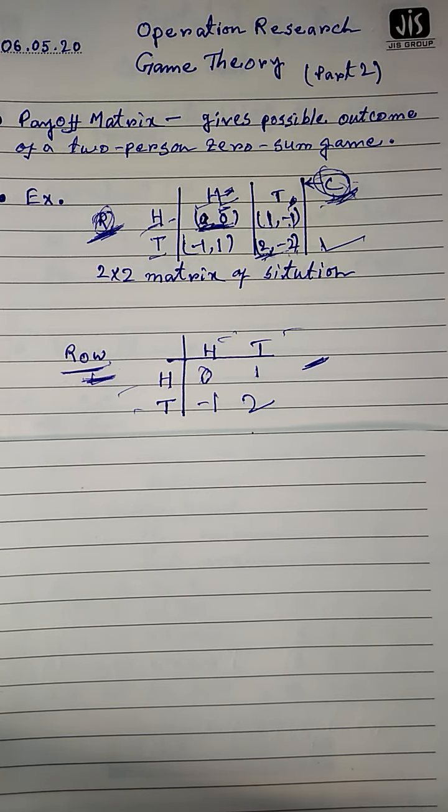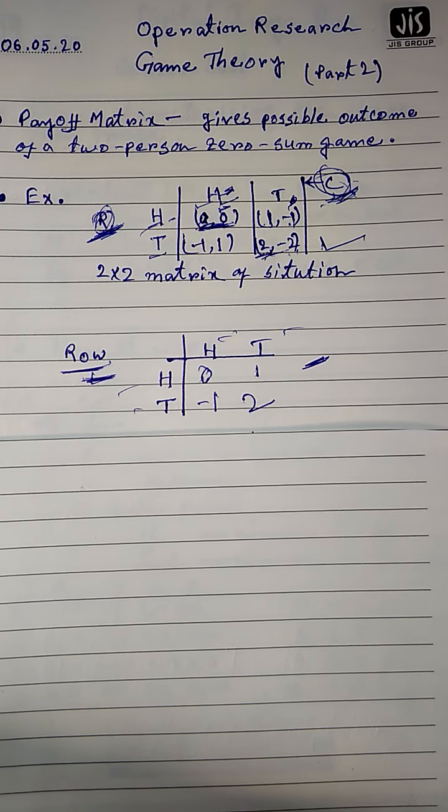A player's plan of action against the opponent is called a strategy. In the above example, each player has two possible strategies, head and tail. We will try to determine each player's best strategy assuming both players want to maximize their payoff.